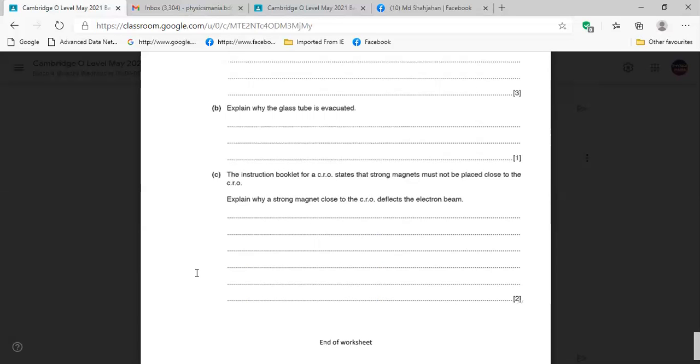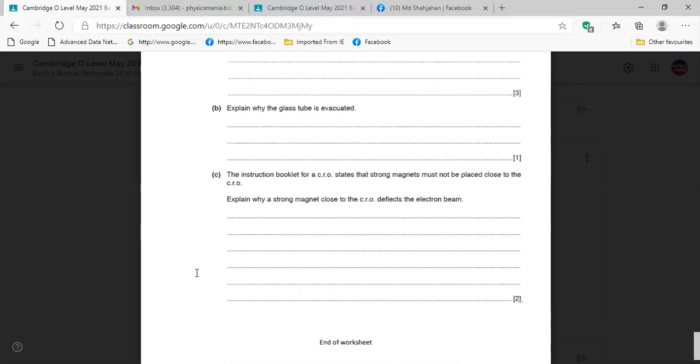Because of this force, the electrons will be deflected, right? That's why it's not wise to bring strong magnets closer to the CRO. So you see the explanation I wrote. Flow of electrons represents the conventional current flow in the opposite direction, which creates a force in a magnetic field according to Fleming's left-hand rule.